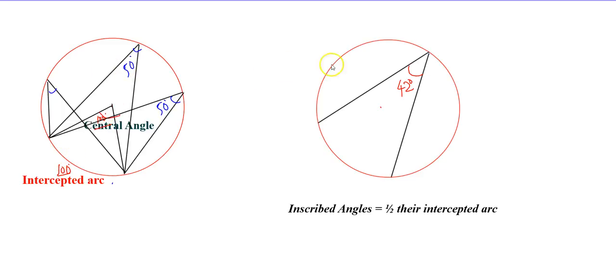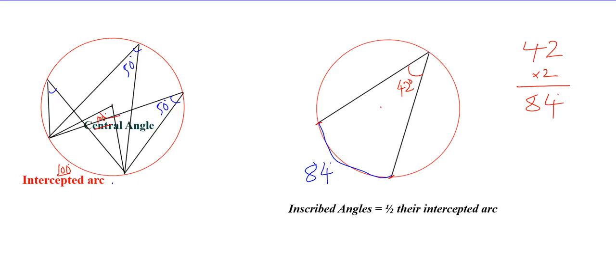So 42 degrees I have here. What is 2 times 42? 42 times 2 gives me 84 degrees. So the measure of this arc, the arc from this end point of the chord to the other end point, is 84 degrees.